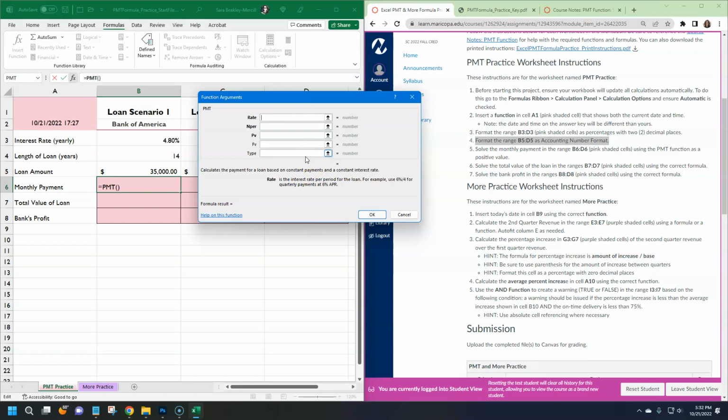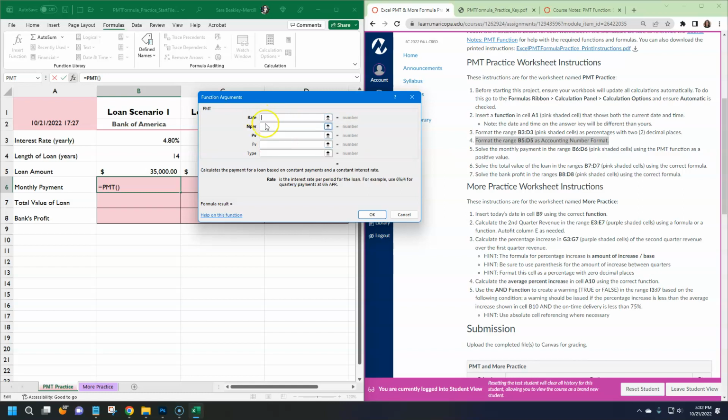You need an interest rate, how long the loan lasts, that's called the term, and how much money you borrowed. And the most important thing you need to remember about the PMT function is that your data, the information you pass in through these arguments, must be in months. So if you're not given the information in months, you need to do a little conversion inside this dialog box.